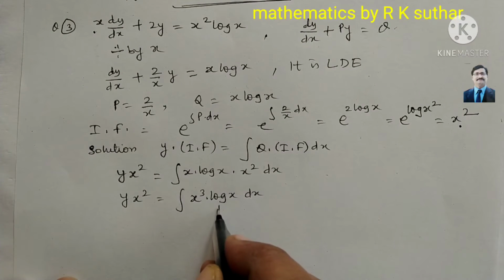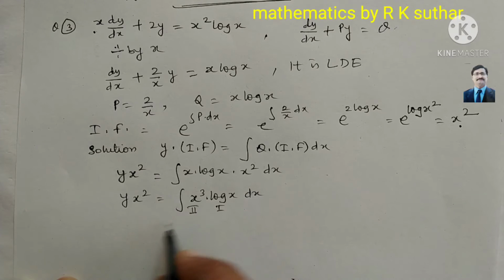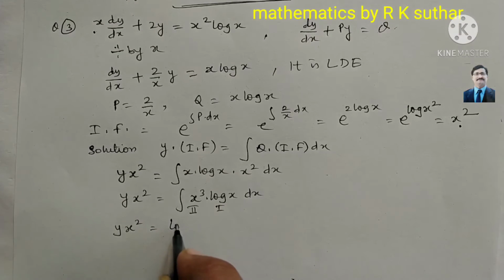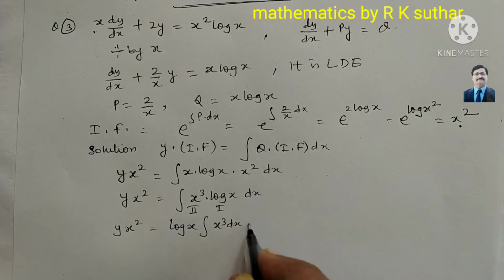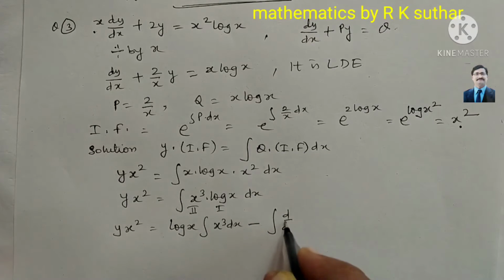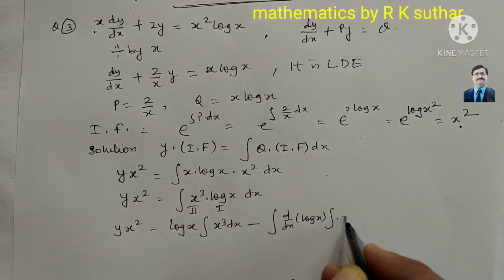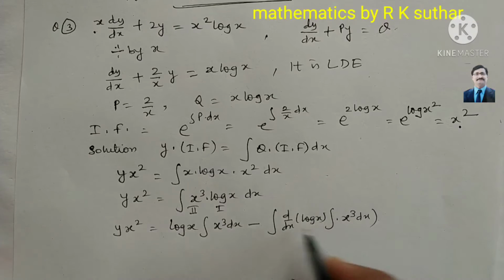Now this is first and this is second, so we will use integration by parts. According to the ILATE rule, log x is first and x cube is second. So we write the first as it is, times the integral of the second, minus the integral of the differential of first, which is log x, times the integral of x cube dx, and whole dx.